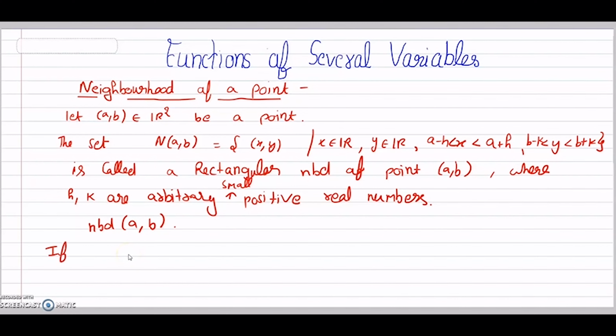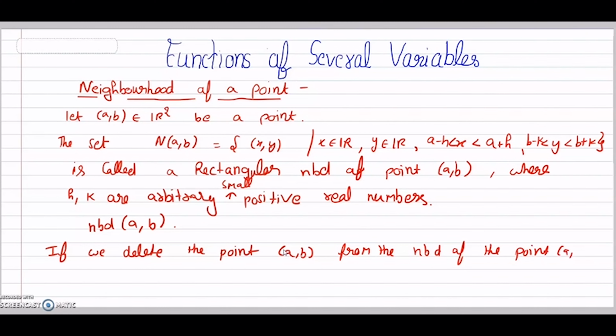And if we delete the point (a, b) from the neighborhood of the point (a, b), then the remaining set is called the deleted neighborhood of (a, b).